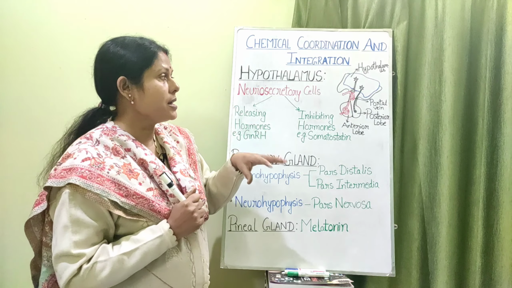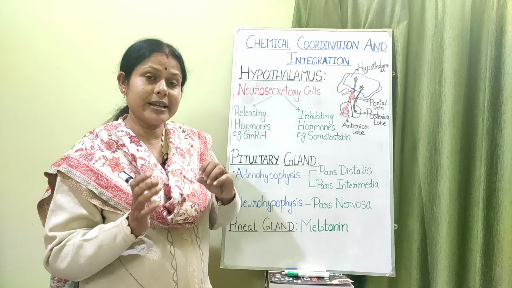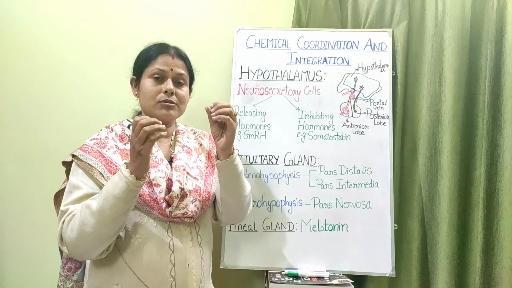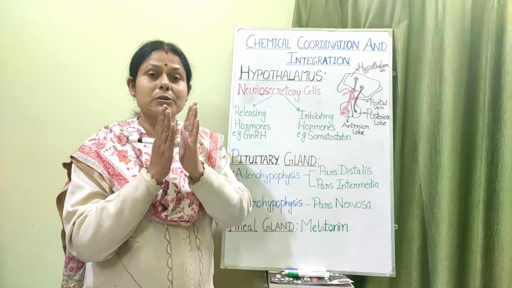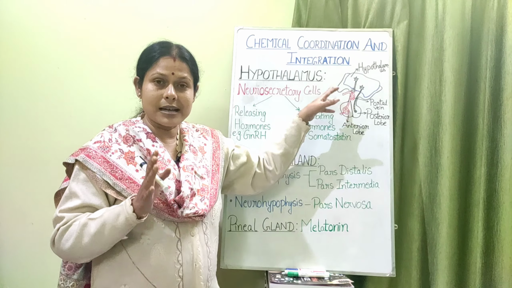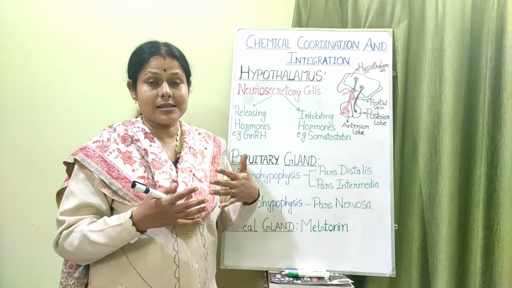These nuclei pour their secretion directly into the bloodstream, and it is carried by means of capillaries, and then the capillaries join again to form a vein, and again it divides into capillaries, and then it guides the anterior pituitary lobe to secrete its secretion.